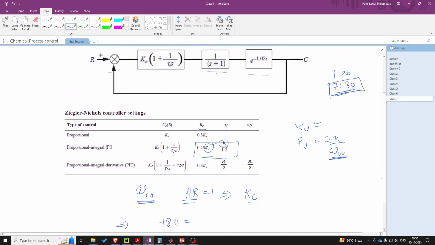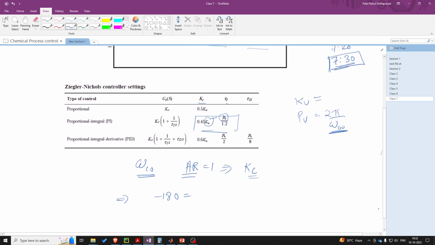Over here time constant is 1, and the dead time is 1.02. So tau is 1, so we just write it as omega, and then we have this tau d as 1.02 omega, and this you have to convert into degrees, so it will become 180 upon pi.